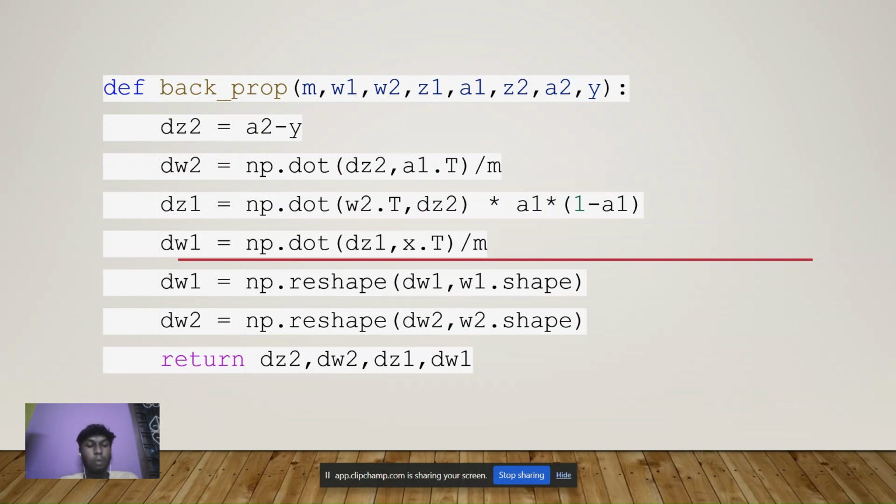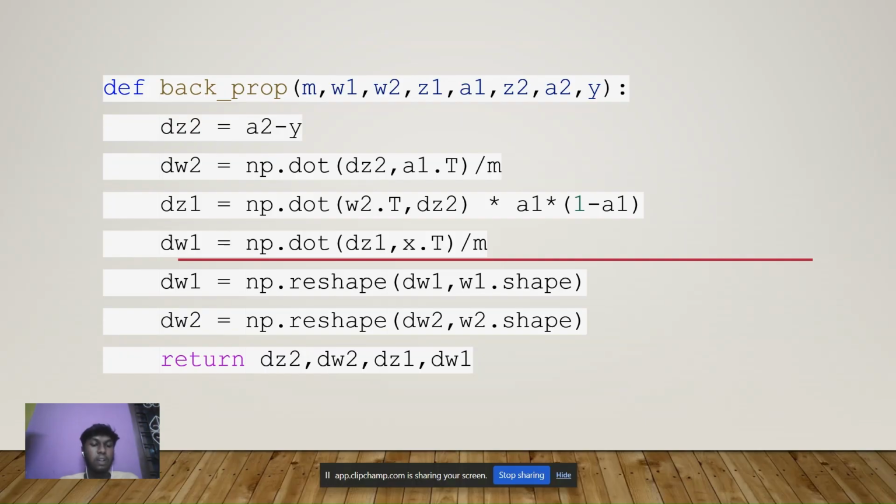Inside back_prop, it contains dz2 equal to a2 minus y, which is computed as the difference between the predicted output a2 and the actual output y. dw2 is computed as the dot product of dz2 and the transpose of a1, divided by m, and dz1 is computed as the dot product of the transpose of w2 and dz2, multiplied element-wise by the derivative of the sigmoid function applied to a1.